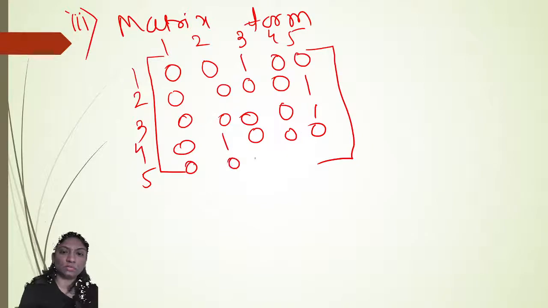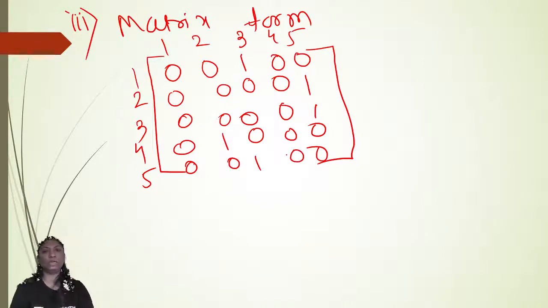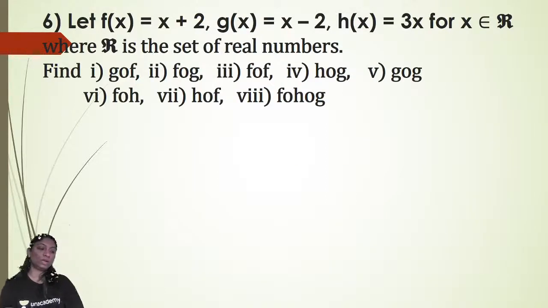And 5 related to 3, otherwise it is 0. Your matrix form. Very simple.